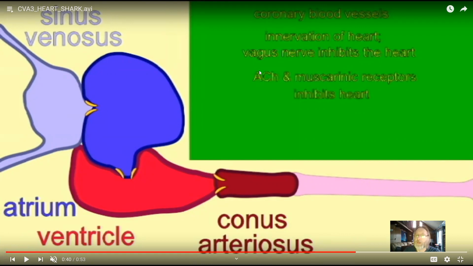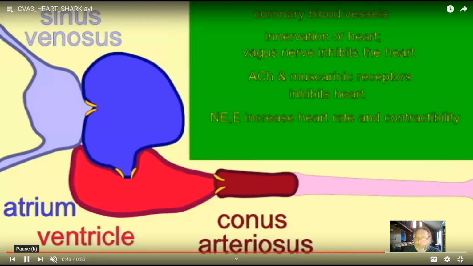And so the coronary blood vessels of the hearts of the jawed vertebrates allow the hearts to get bigger, the jawed vertebrates to get bigger and be more active. The vagus nerve inhibits the heart. Acetylcholine and the muscarinic receptors inhibit the heart. So this is true of all of the jawed vertebrates, unlike the situation we saw in lampreys.